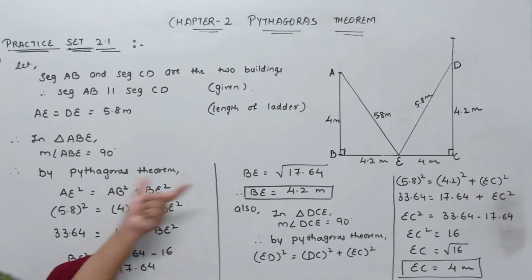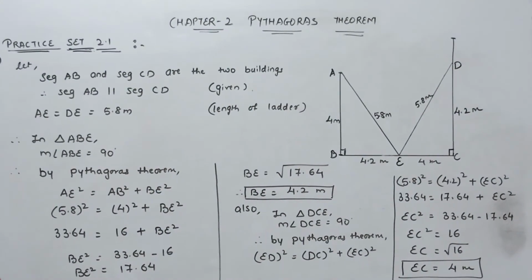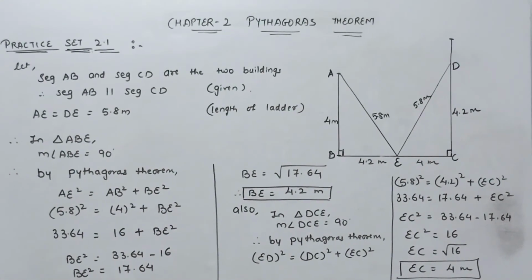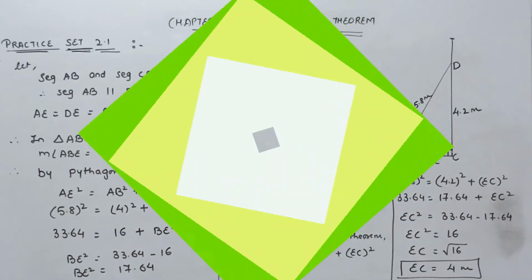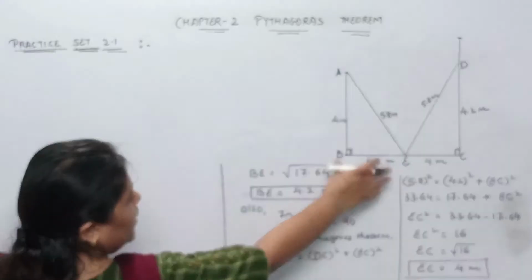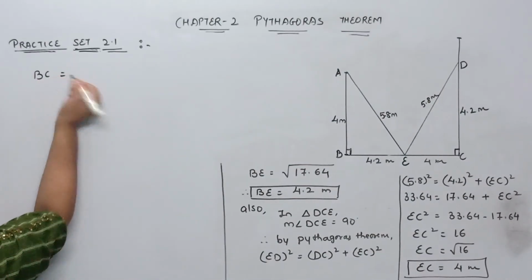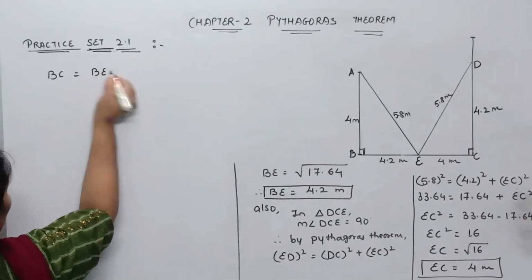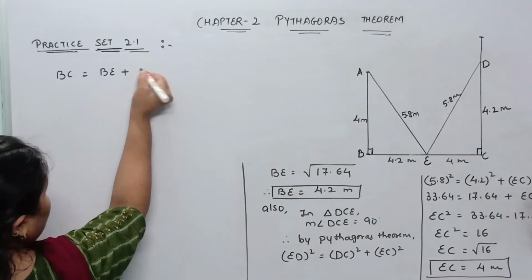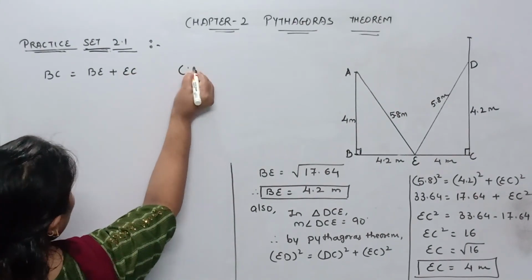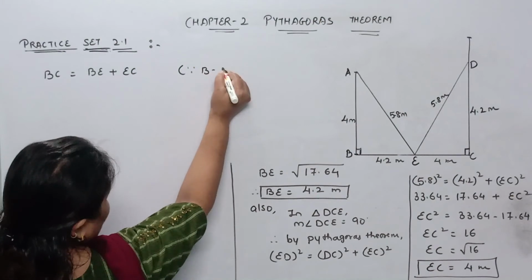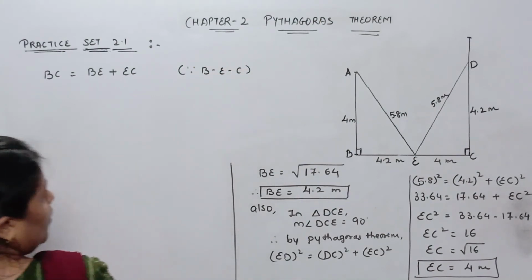Now we'll see the width of street. Now see, BC is the width of street. So BC equals BE plus EC. Reason, because B-E-C are collinear. Okay.